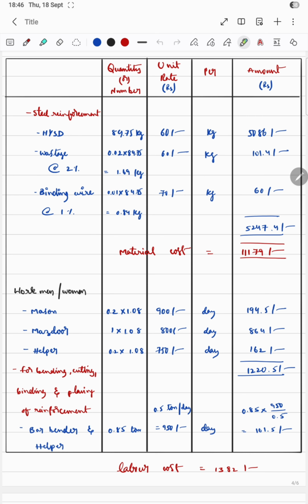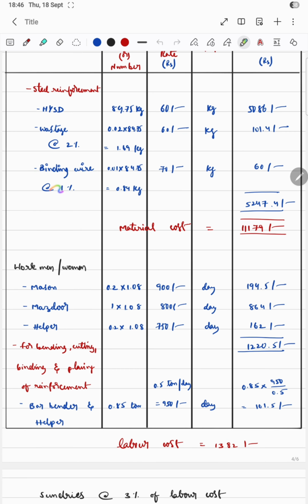We multiply it with the unit cost, so we got this. For binding wires we consider a rate of 1% of the HYSD bar weight, which gives 0.84.